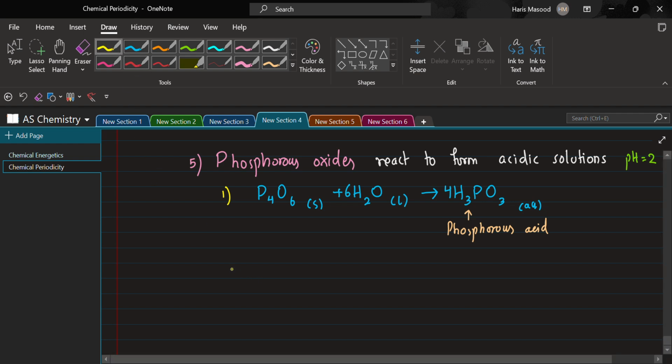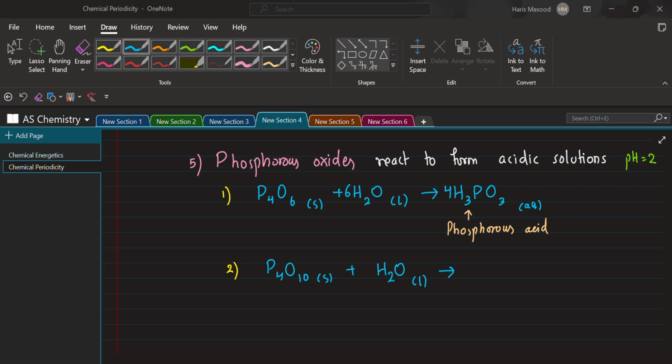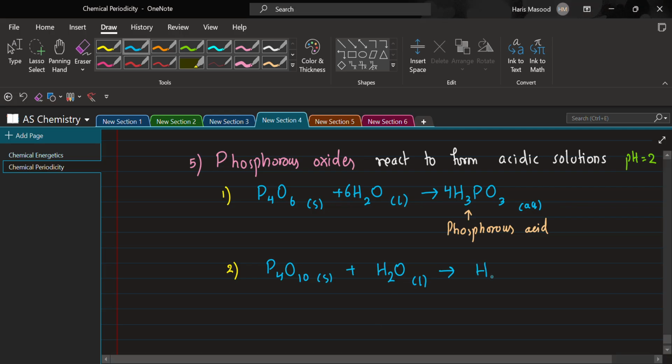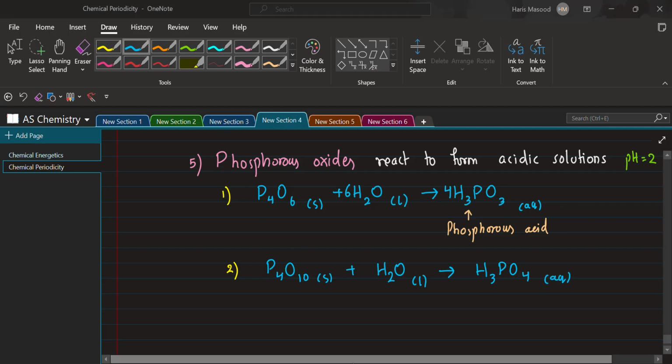Second, P4O10, sorry, it's not 6, reacts to form phosphoric acid, H3PO4 now. We'll balance it.